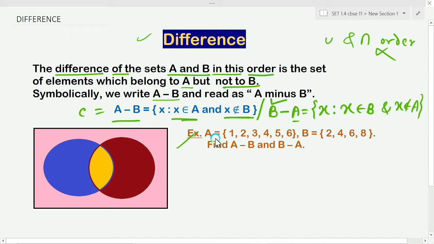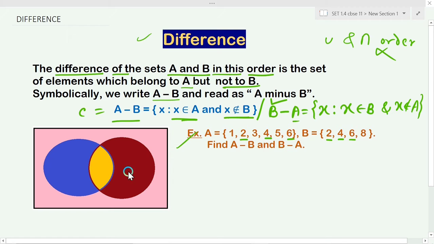What are the common elements between A and B? The common elements between A and B are 2, 4 and 6.